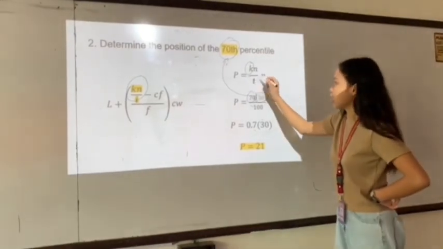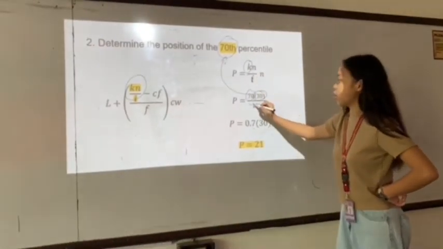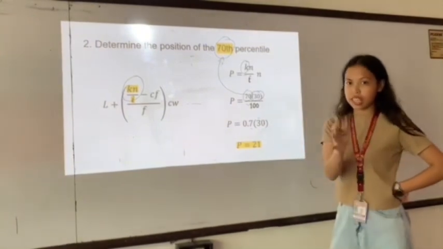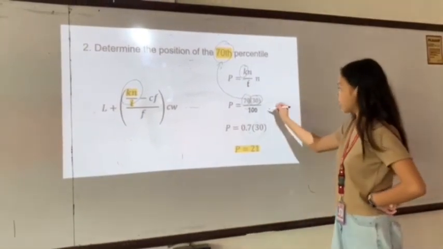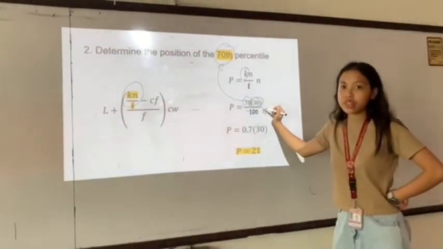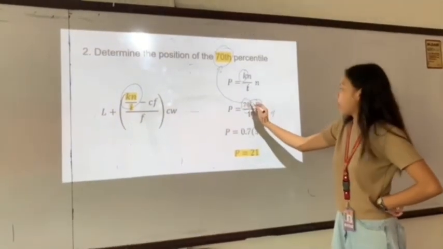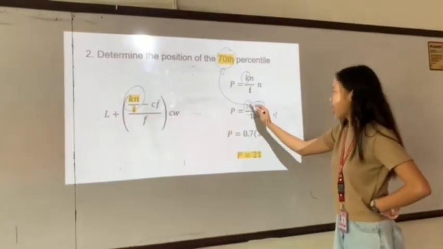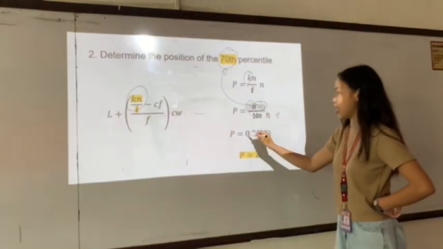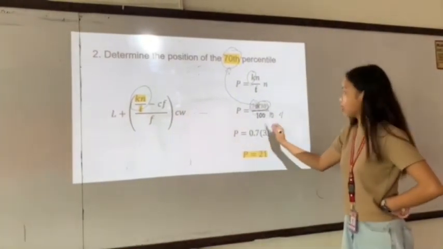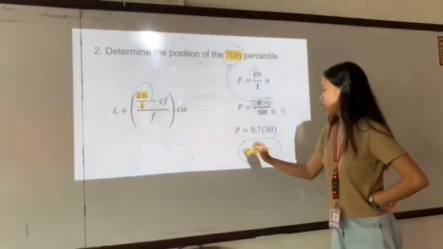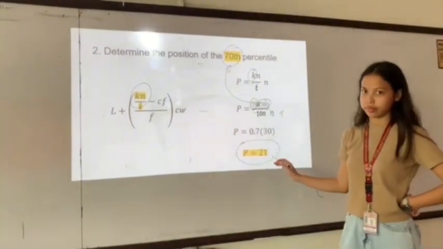Then divide by I, which is 100 since it is a percentile. If it is a decile, it will be 10, and if it's a quartile, it will be 4. Then 70 over 100 is 0.7 times 30, and the product is 21.